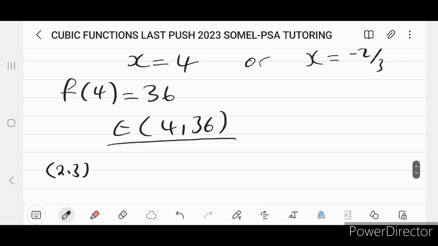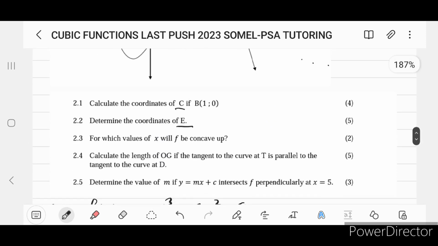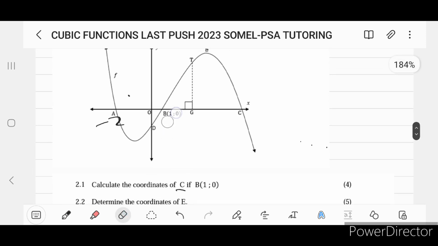So 2.3. For which values of x will the function be concave up? So for concavity, we need the point of inflection. Normally the point of inflection is the mid value between the two turning points. So already I know this is 4, and then this is minus 2 over 3. So I can add them and divide by 2.